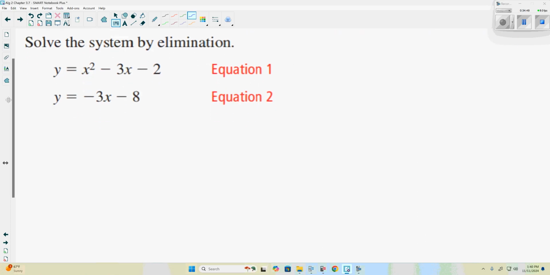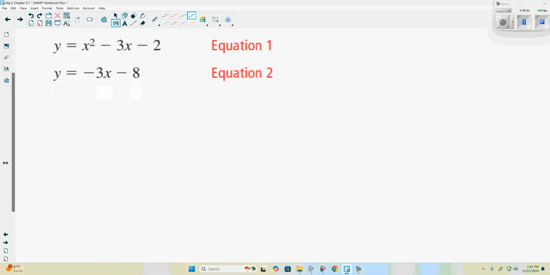We're going to go to elimination. Now to solve a system of equations by elimination, one of the first things I would do is rewrite it. And rewriting it is not so much for the quadratic part of this.